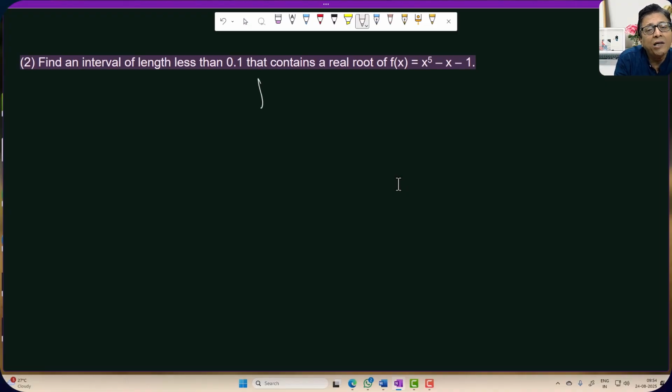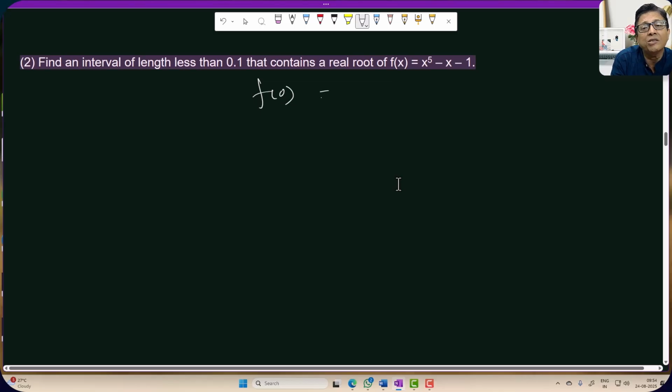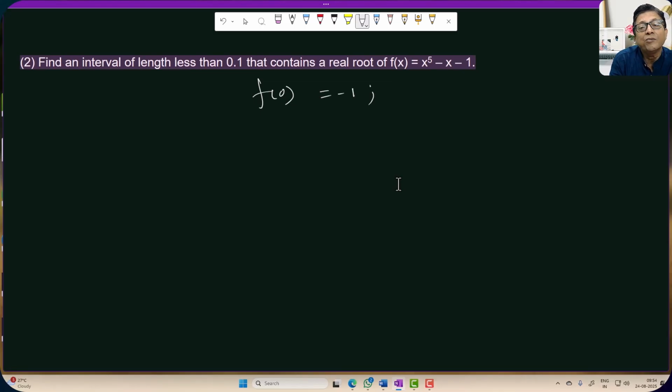If you find f(0), it is -1. And then if you find f(1), f(2) is going to be what? 32 minus 3, that is 29.